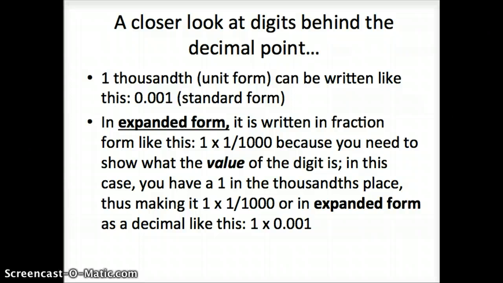In this case, you have a 1 in the thousandths place, thus making it 1 times 1/1,000. Or an expanded form as a decimal like this, 1 times 0.001, because again, you have a 1 in the thousandths place and you only have one of those.